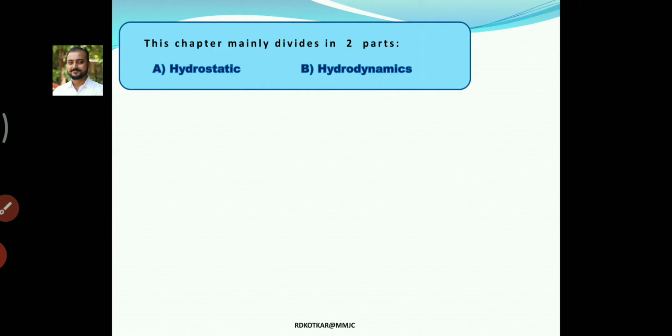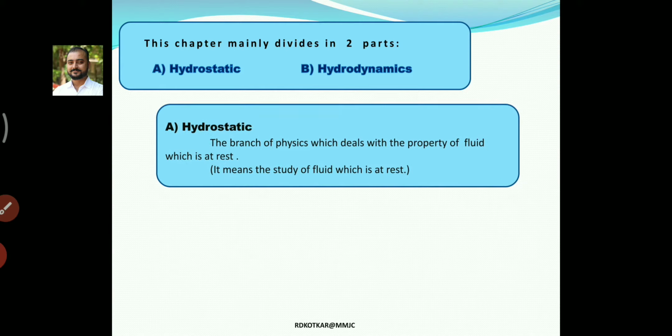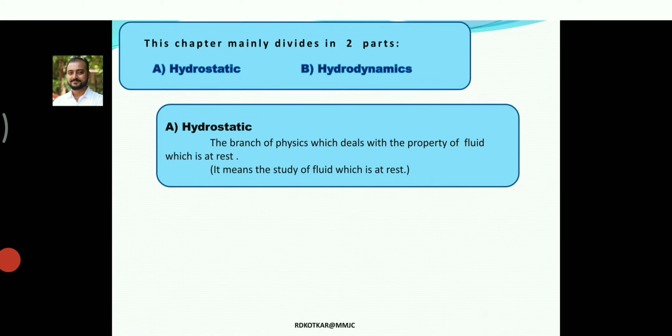In this chapter we are mainly going to study two parts: hydrostatics and hydrodynamics. What is hydrostatics? The branch of physics which deals with the property of fluid which is at rest is called hydrostatics. In short, the study of fluid at rest is hydrostatics.